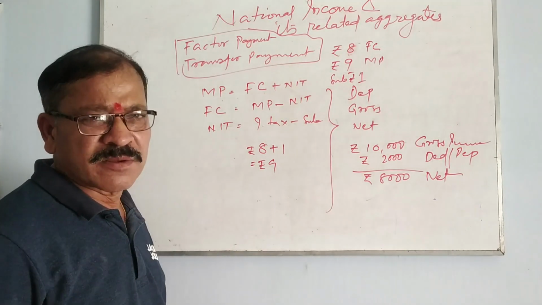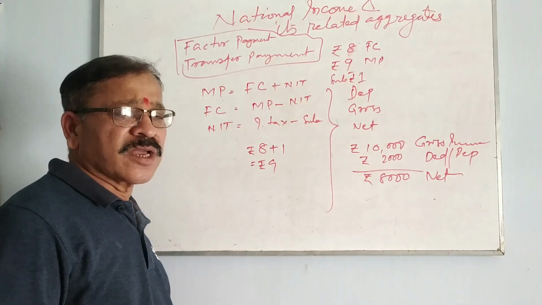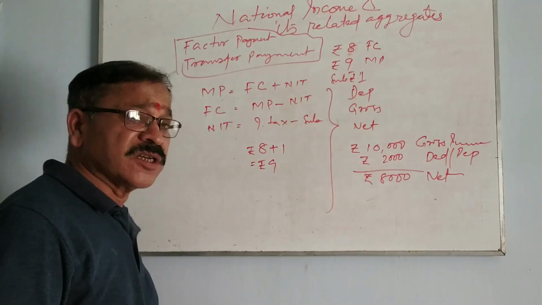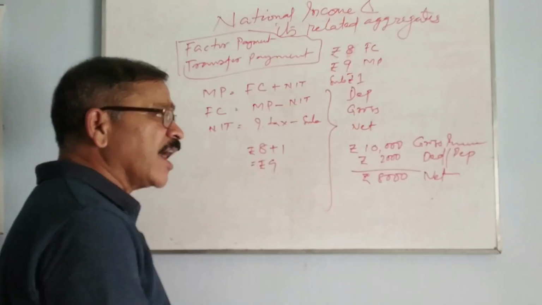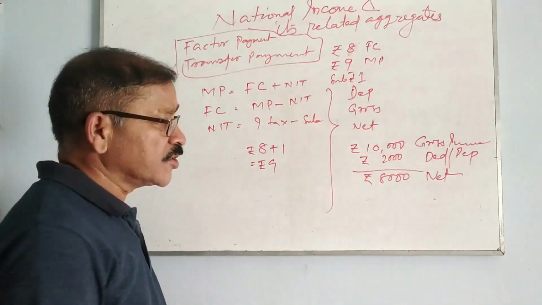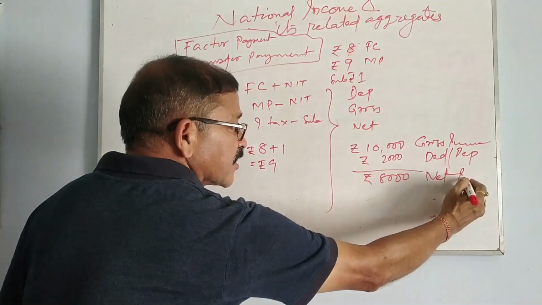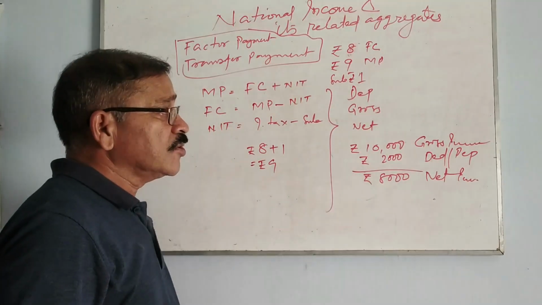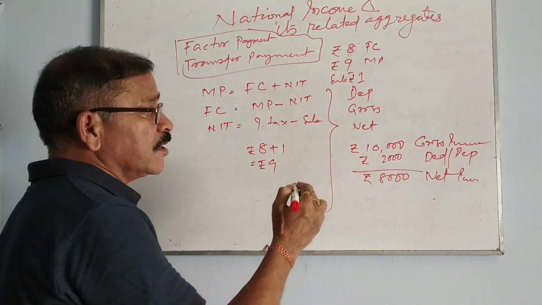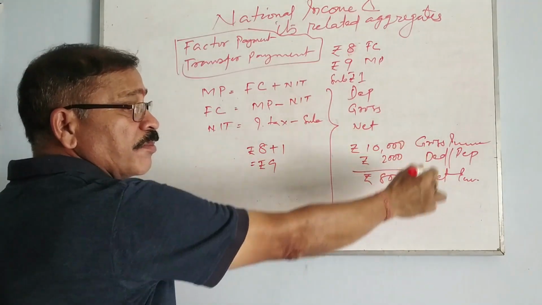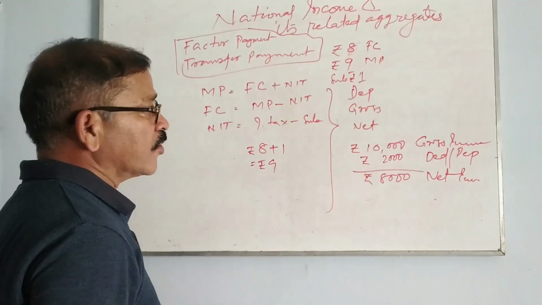That means if any machine gets old, needs to be replaced, or requires a repair, for that we spend 2,000 rupees. That means 8,000 rupees is net investment. So depreciation, gross, net, this is the basic understanding of this formula.